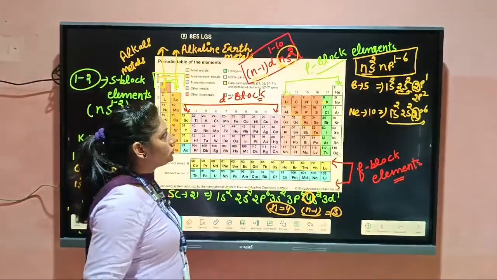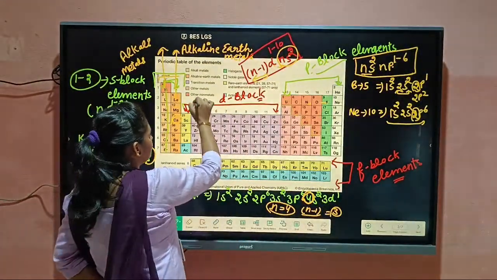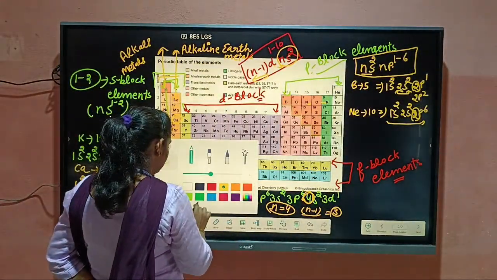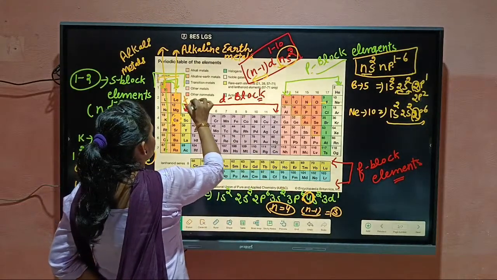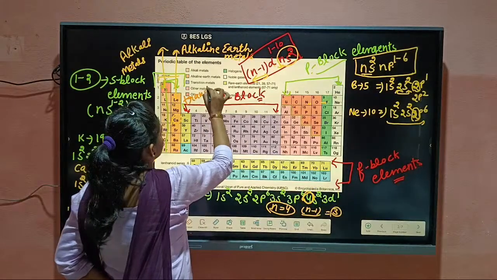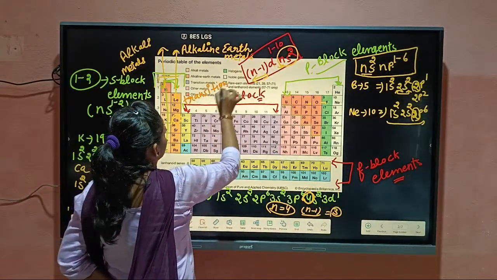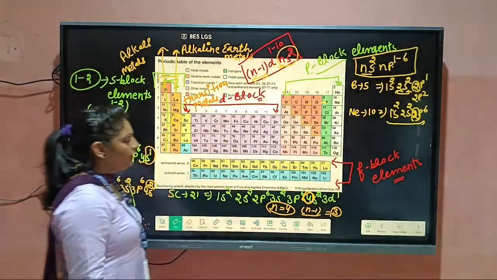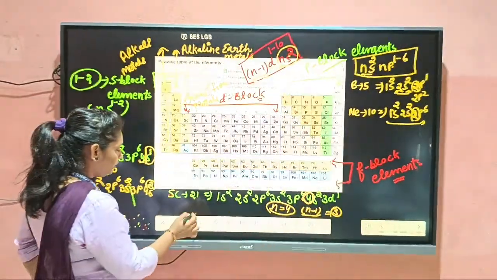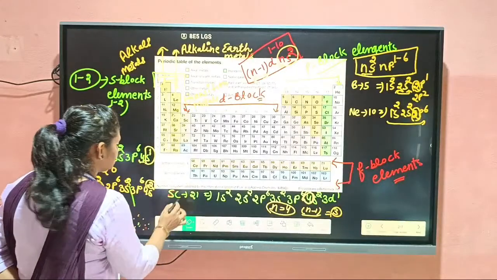Elements of D block are also known as the transition elements. They are known as the transition metals also.